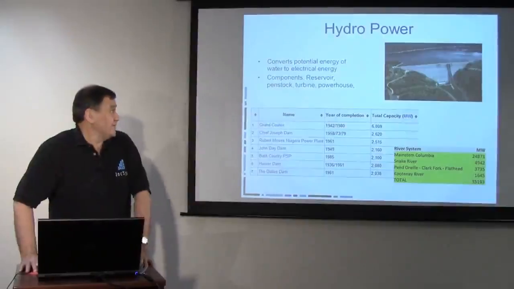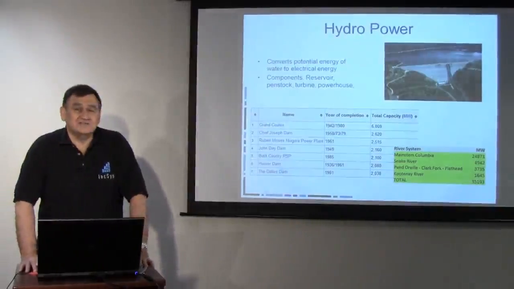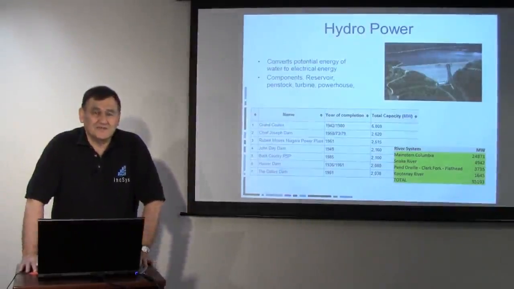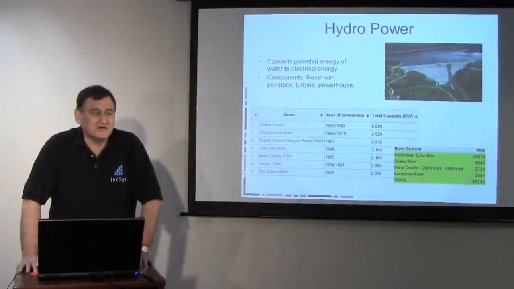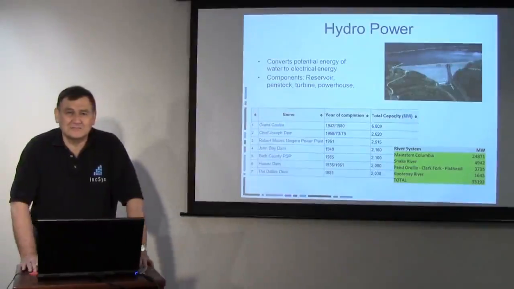So hydropower basically converts the potential energy of water to electrical energy. And we have to deal with the reservoirs, the penstocks, the turbines, and the powerhouse. Here we've listed some of the major plants in the United States, with Grand Coulee being the largest at 6,800 megawatts. Chief Joseph Dam, John Day Dam, and the Dalles Dam are also on the Columbia system.